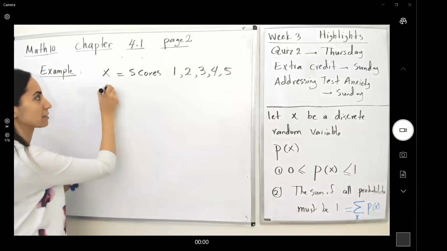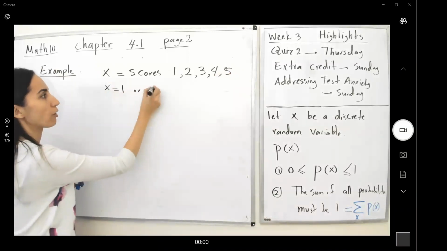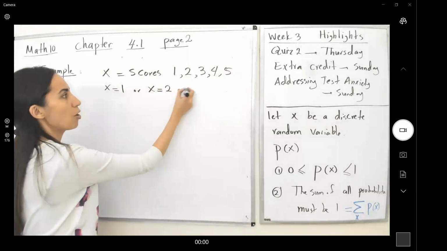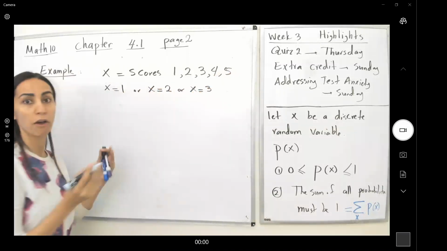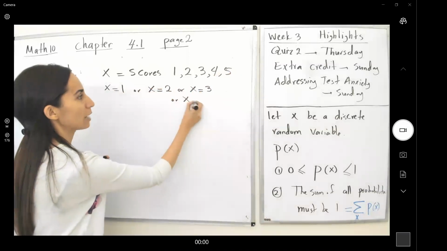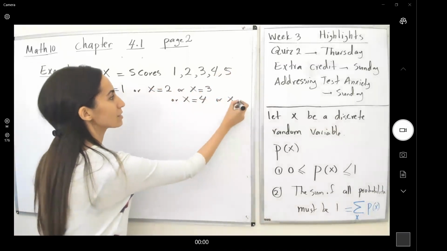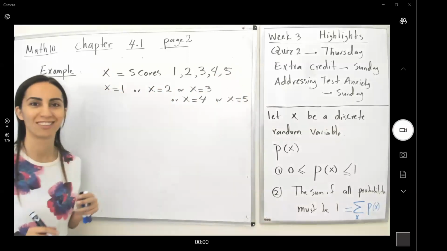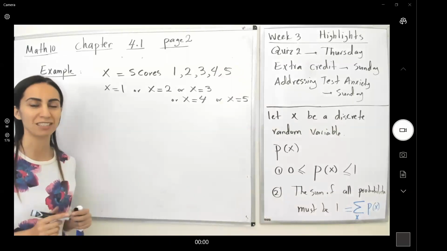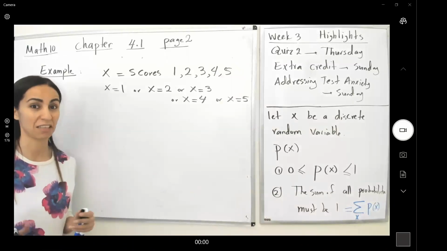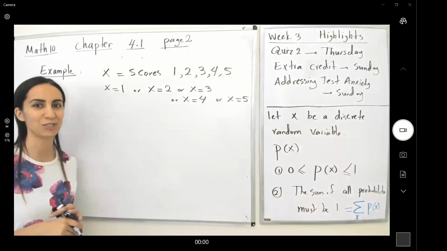So X can be score 1, or 2, or 3, or 4, or score 5. First of all, is it discrete? Is it countable? How many counts do we have?